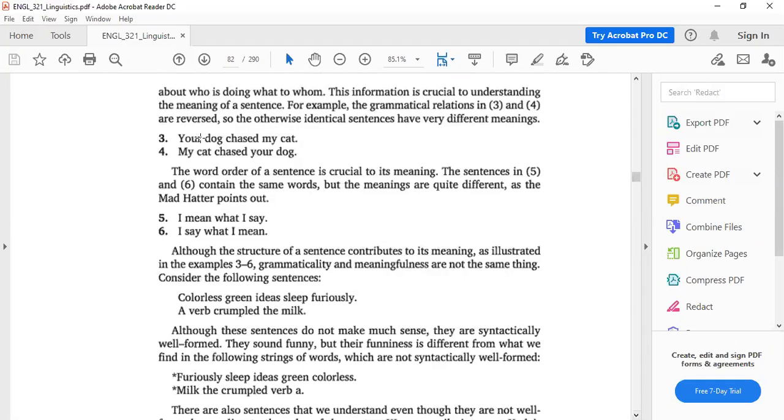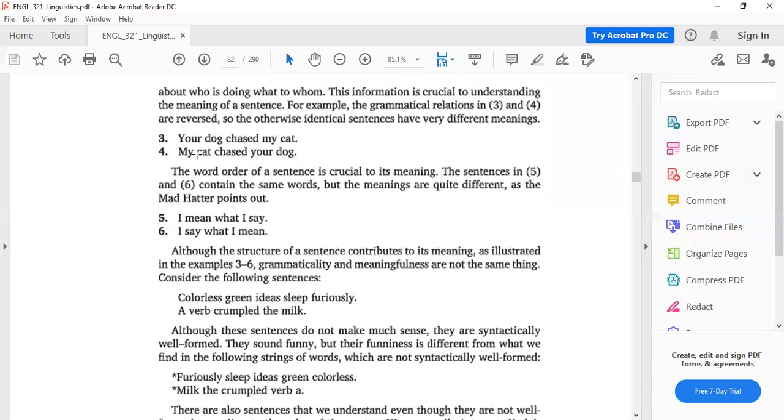The word order is correct in 3. The word order is correct in 4. But the difference is that the grammatical relations are different. The dog is the subject in 3 and the object in 4. My cat is the object in 3 and the subject in 4. So this difference in the grammatical relations results in a difference in meaning.